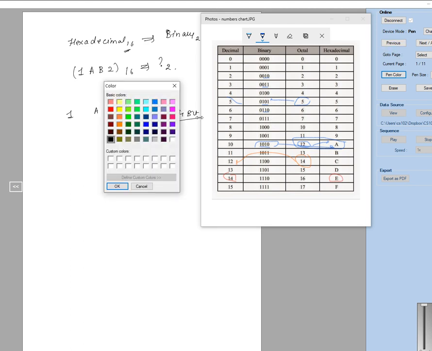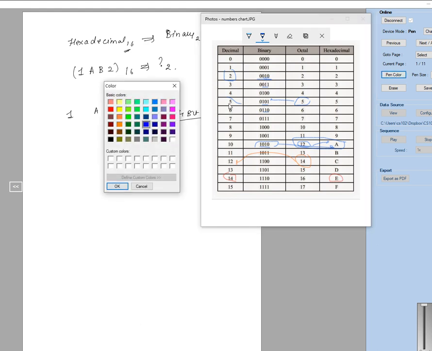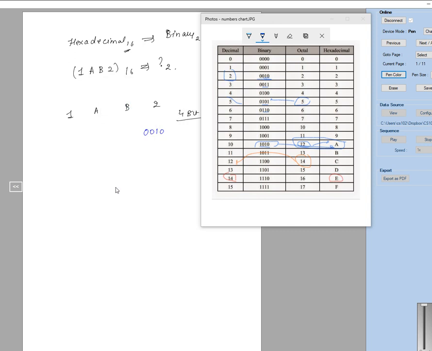So now let us just change the pen color. The 4-bit equivalent for 2 is 0010. Let me change the pen color. The 4-bit equivalent of B is 1011.